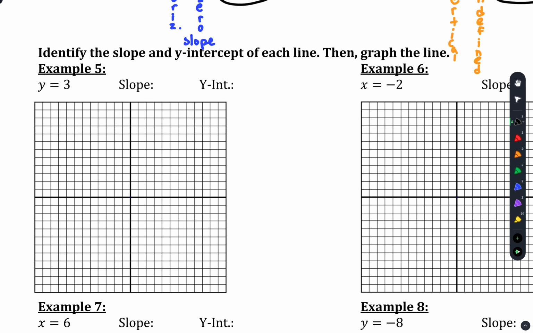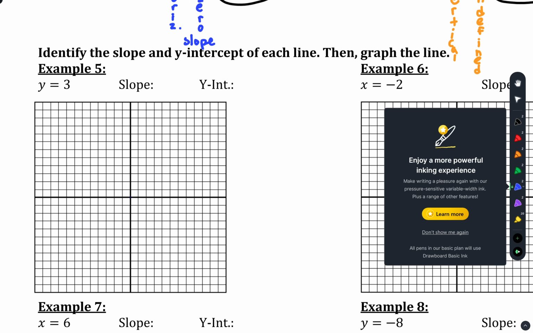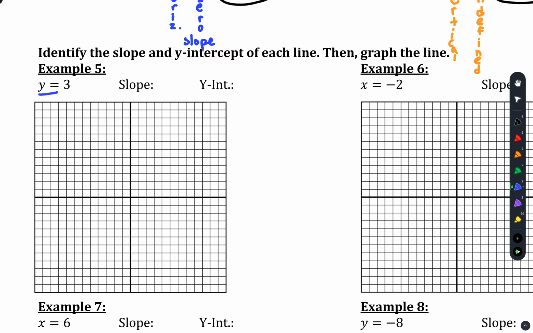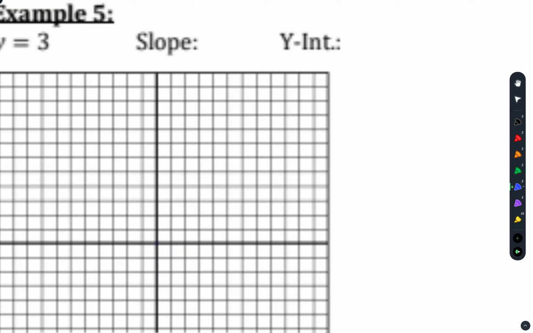So take a look at example 5. My equation is y equals 3. Is that going to be a horizontal or a vertical line? Horizontal. It's y equals HOI. Y equals horizontal. So I look at my y-axis.